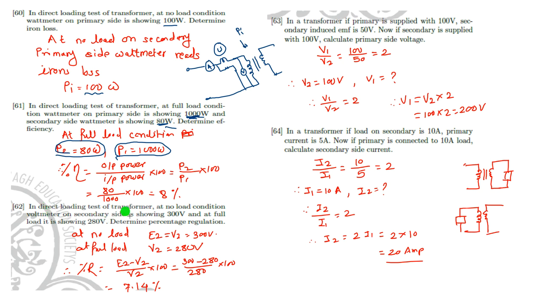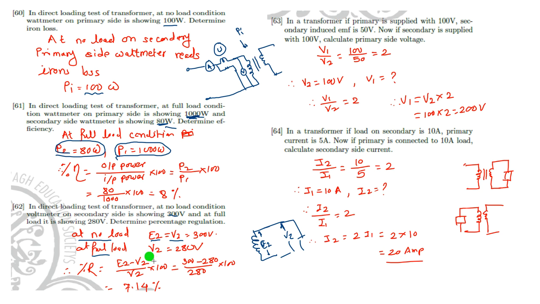In direct loading test of the transformer at no load condition, the voltmeter on secondary side is showing 300 volt. So at no load, the secondary induced EMF is equal to the secondary terminal voltage, as there is no load on the secondary side of the transformer. So whatever the value of E2 EMF induced in the transformer, it is the same as V2. But when this is loaded, this V2 and I2 are not the same.